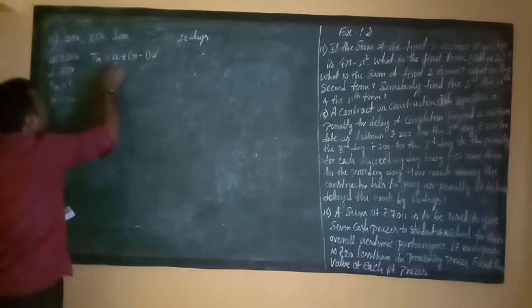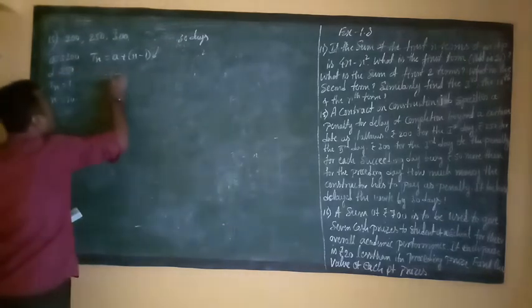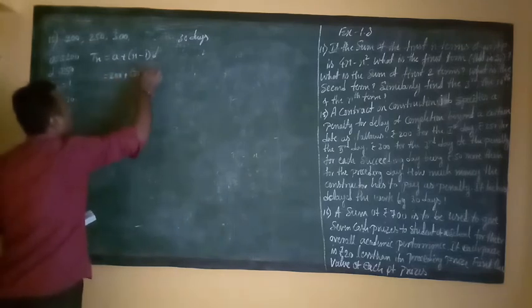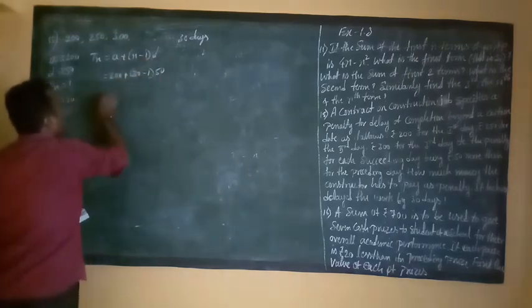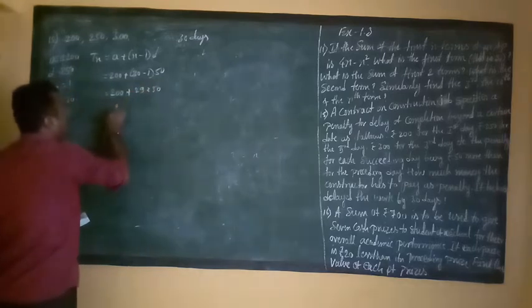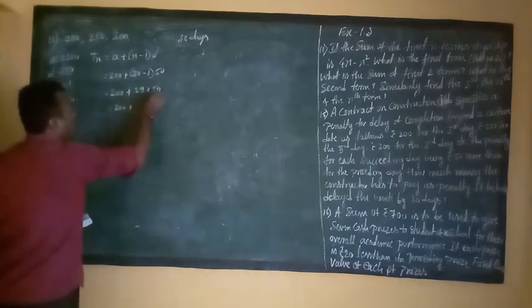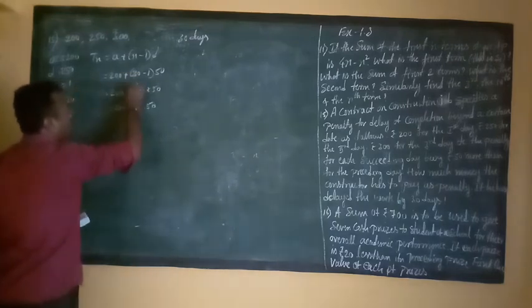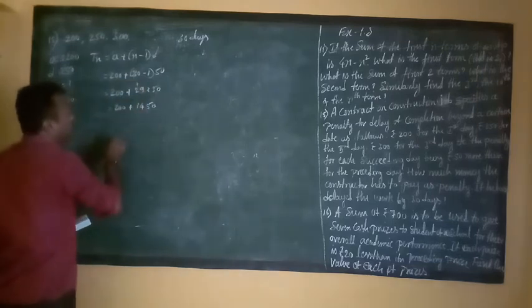Yes, friends. First term 200 rupees, plus n minus 1, that is 30 minus 1, into d, which is 50. So 200 rupees plus 29 into 50. 0, 5 9s are 45, 4 carry. 5 2s are 10 plus 4, 14. So 1450.